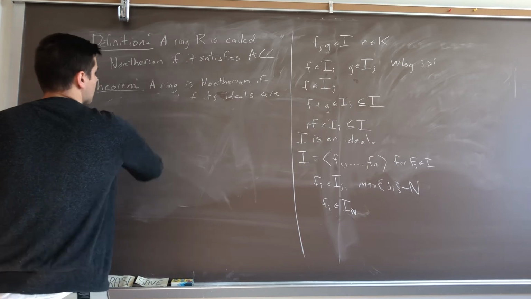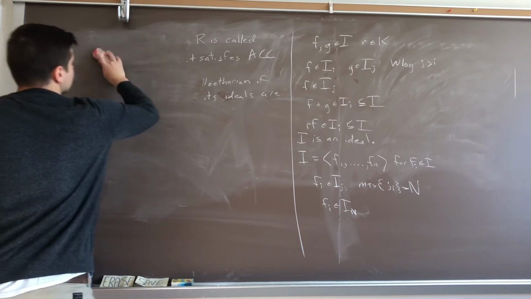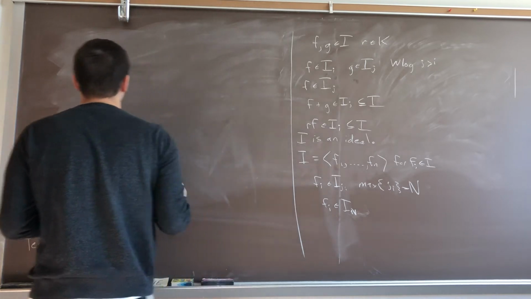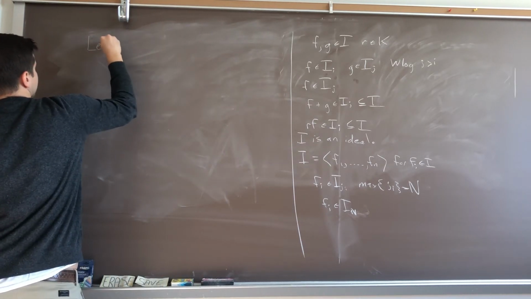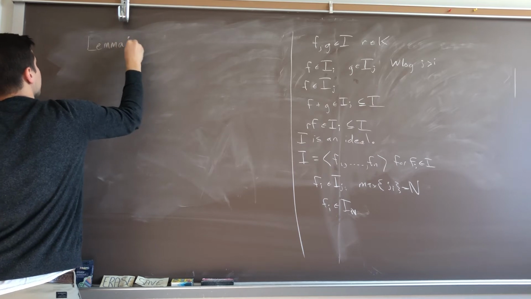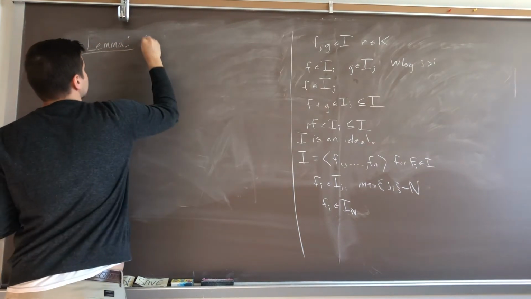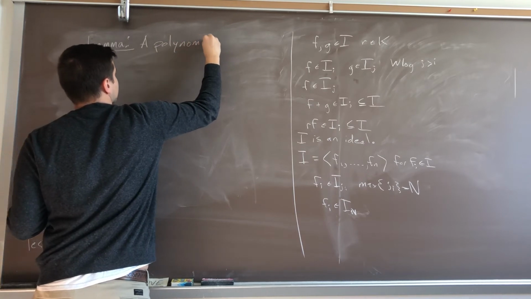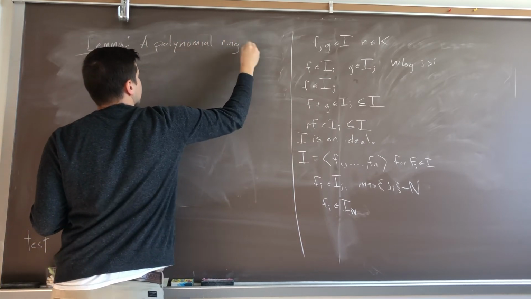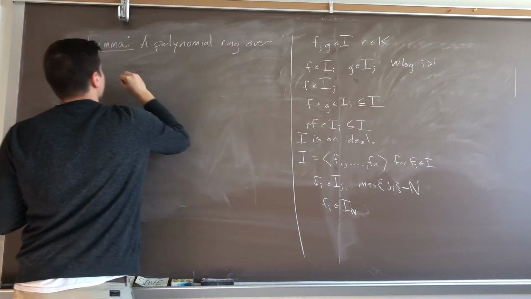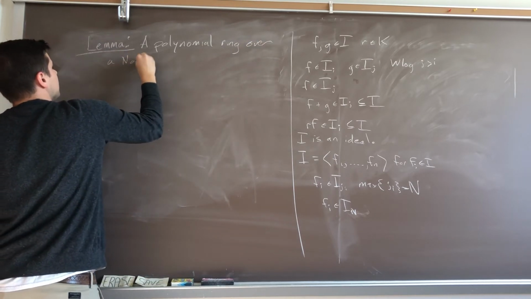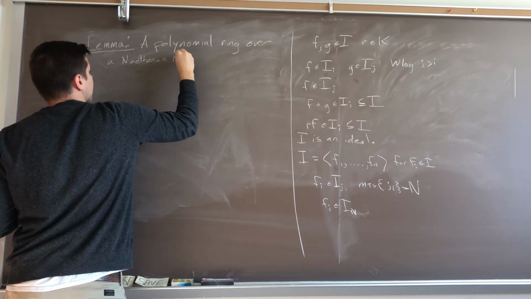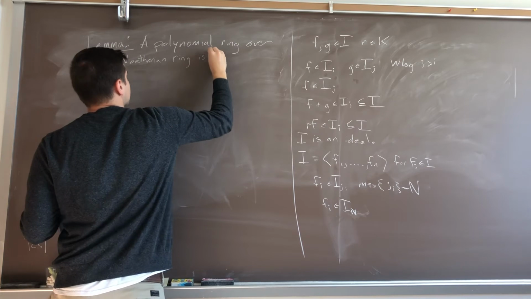So one more good thing to note, but that I'm not going to talk about in much detail, is this lemma that brings everything that we've talked about together, which is that a polynomial ring over a Noetherian ring is Noetherian.